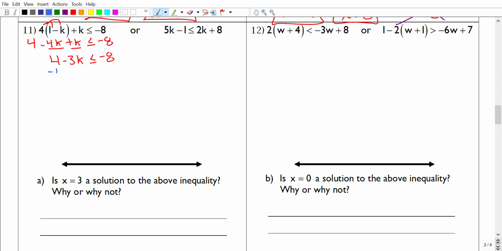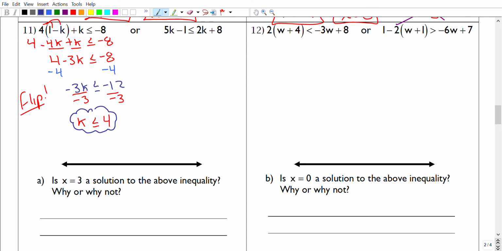Okay, got to get rid of the 4. So we get -3k is less than or equal to, that is a -12, right? Now finally, I have to divide by -3 because I'm dividing by a negative number.